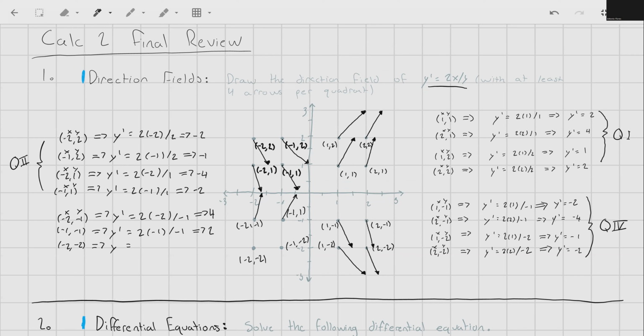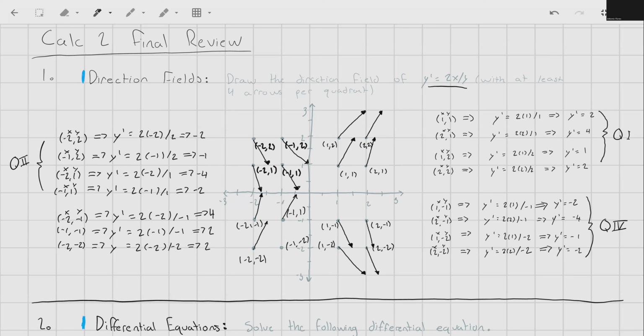When you plug it in, it becomes 2 times -2 divided by -2. That's going to turn out to be -4 divided by -2. It's just negative or +2. So this one's going to be the same as the one diagonally from it. Or that's wrong. It should look a little steeper, something like this.